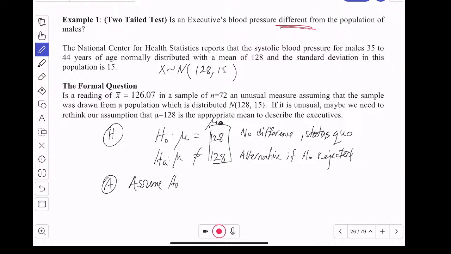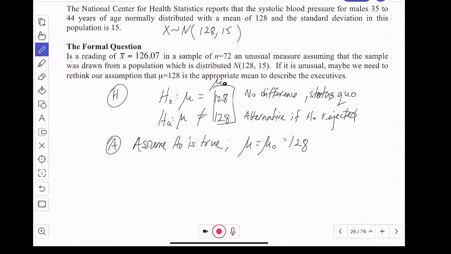Assume H naught is true. So what do I assume, and what is the consequence? Therefore, mu is equal to mu 0, the hypothesized mean, which is equal to 128. All right, and what further is true? Since x is normal with a mean of 128 and a standard deviation of 15, then for the sample of 72, x bars should also be normal with a mean of 128 and a standard deviation.